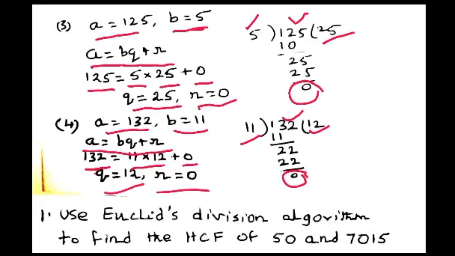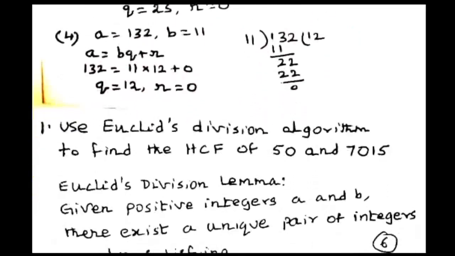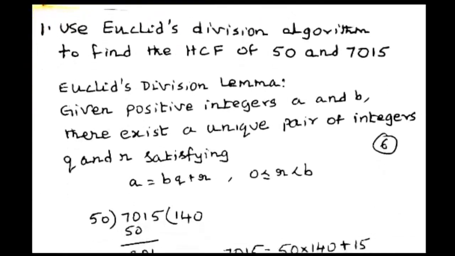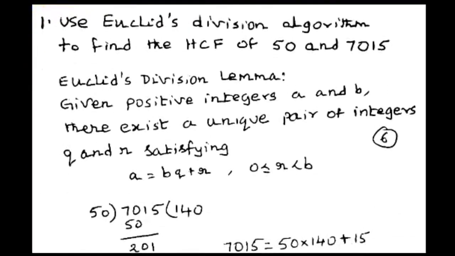Now, we consider the problems using Euclid's division algorithm to find the highest common factor of any two given numbers. Use Euclid's division algorithm to find HCF of 50 and 7015.